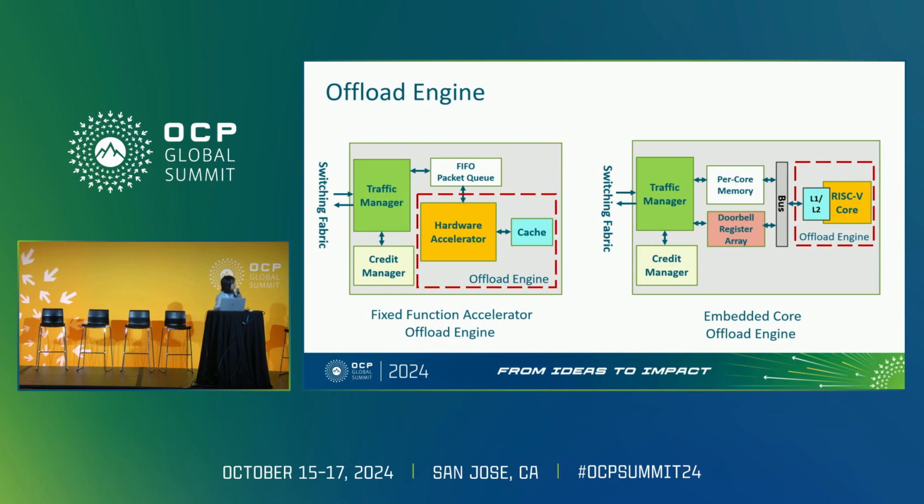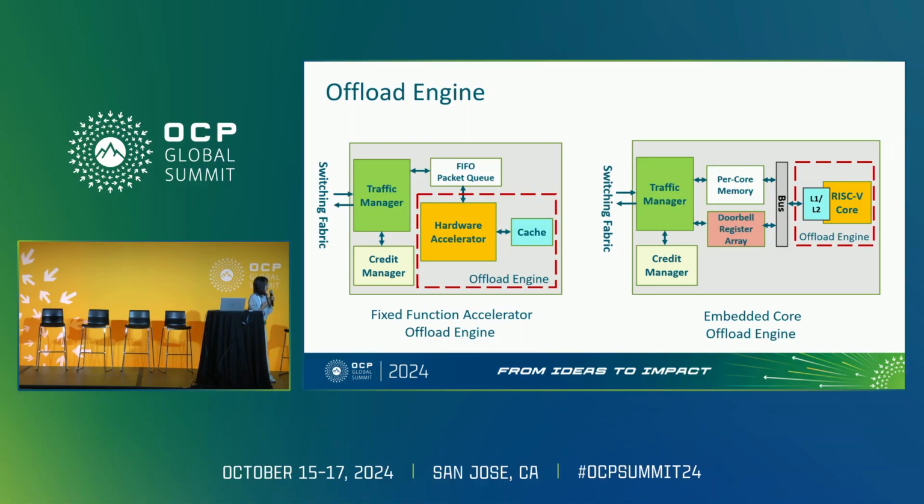And here we show the detailed architecture of the offload engine design. So each offload engine is a self-contained component that first contains a traffic manager, which handles the communication with the switching fabric, and receives and sends packets to the switching fabric. We have two types of offload engine.